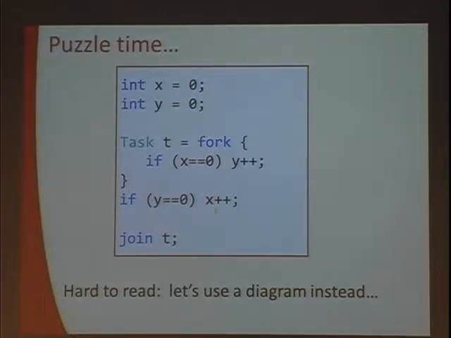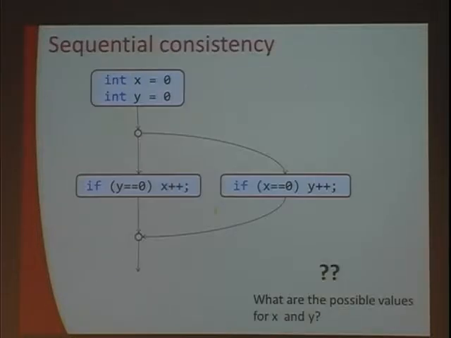Okay, so let's go through a couple puzzles just to make sure this is clear. Instead of looking at a program like this in text, we're going to use what we call a revision diagram. This corresponds to our intuition that, because of the isolated nature of revisions, we think of these tasks that are forked off as branches in a version control system. So you branch from a known state, you get a copy of that state. And then when you join into a branch, you're merging together the values.